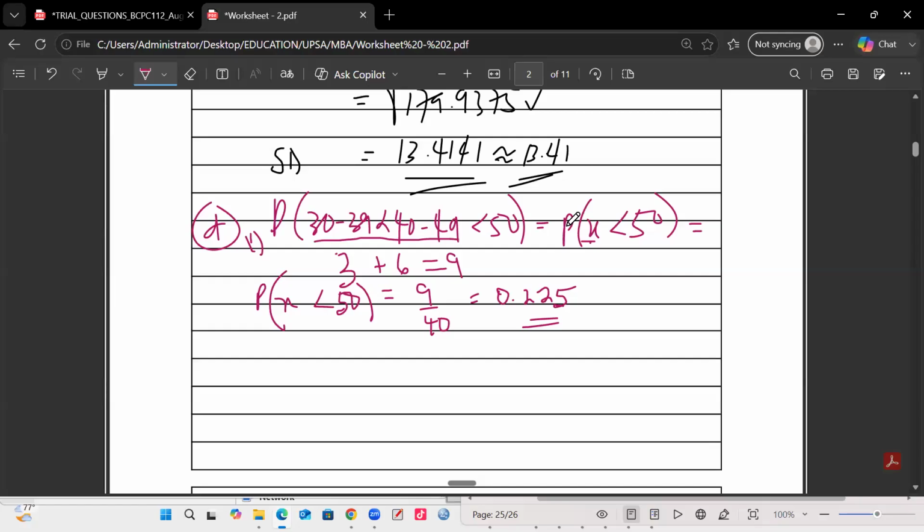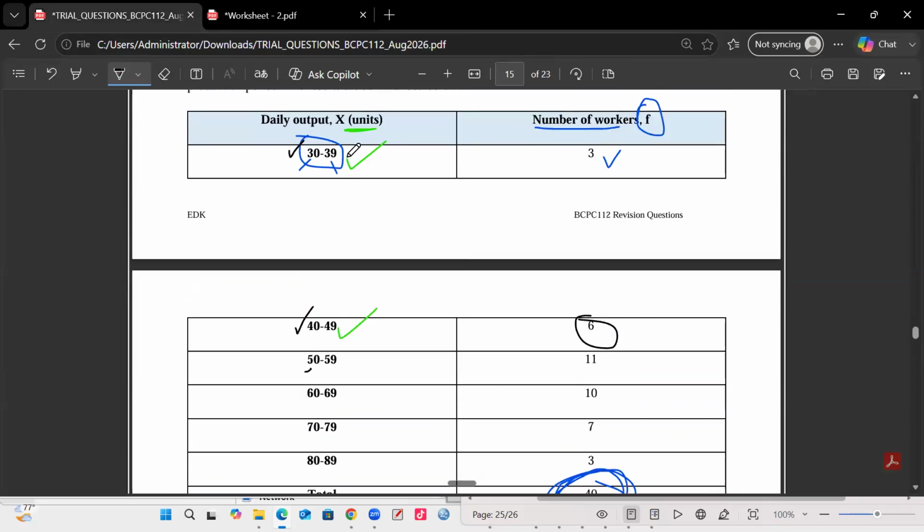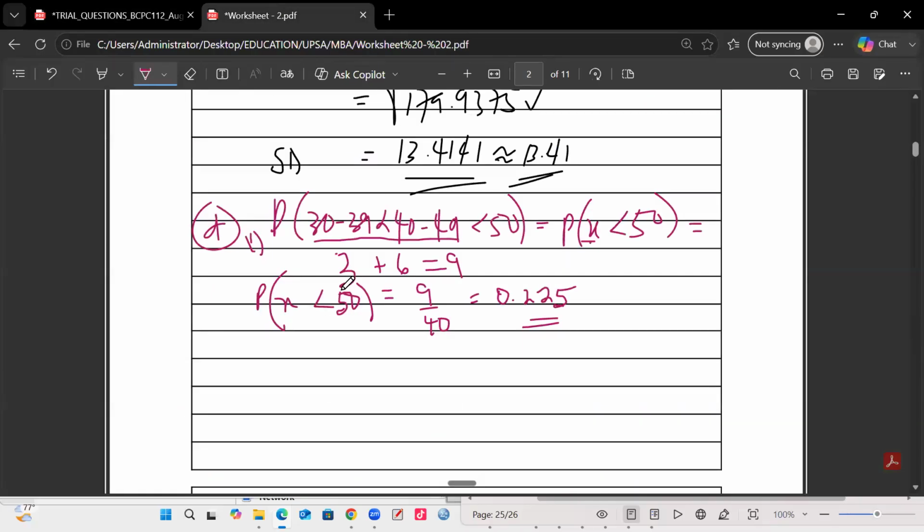Are you getting it? Yes, please. Then, what is the corresponding frequency for the 30 to 39 class interval? It's 3. For 40 to 49, it's 6. So we added the 3 and 6 to get 9. Then we come to the notation itself.